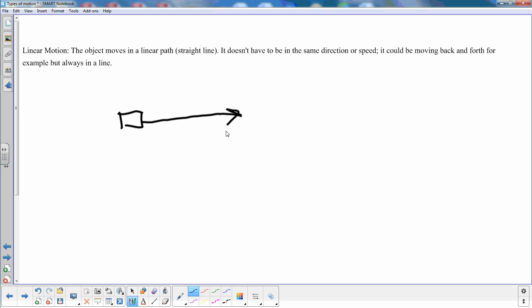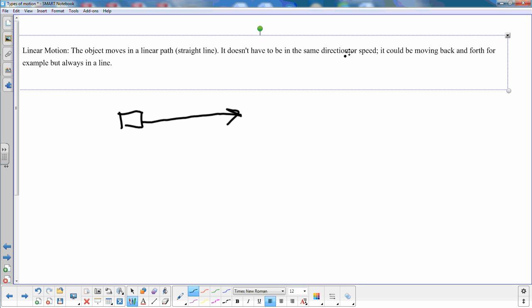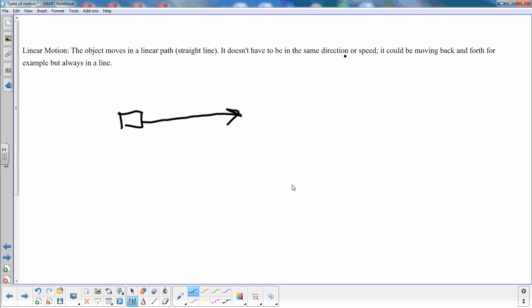It doesn't have to be the same direction. It does not have to be the same speed. Well, actually, I'm going to leave that. Because you can have an object doing linear motion if it goes this way, and then that way, and then this way, and then back that way.